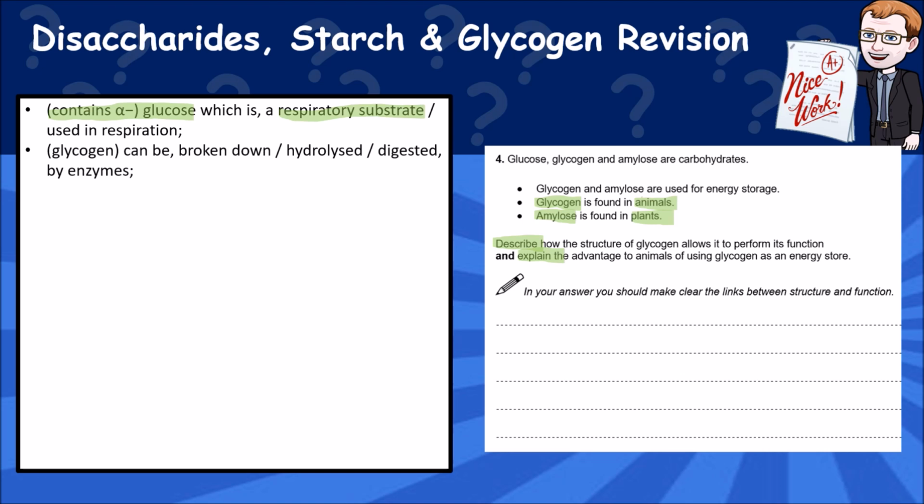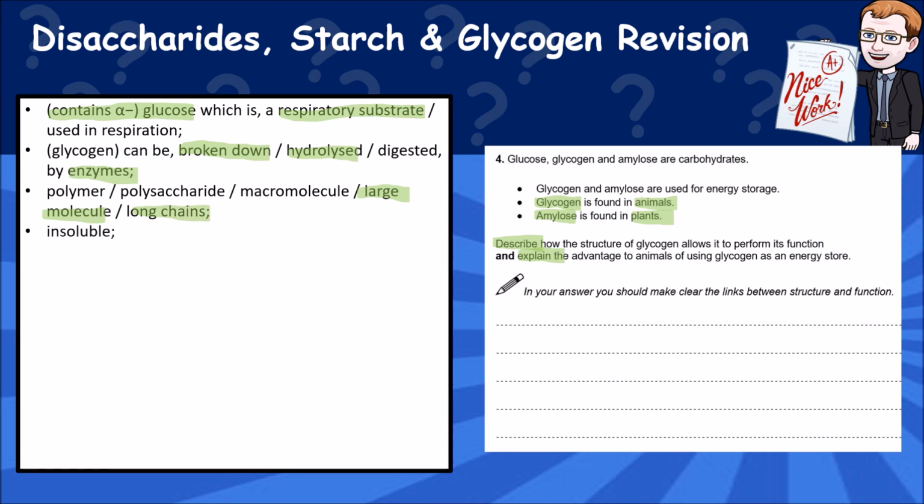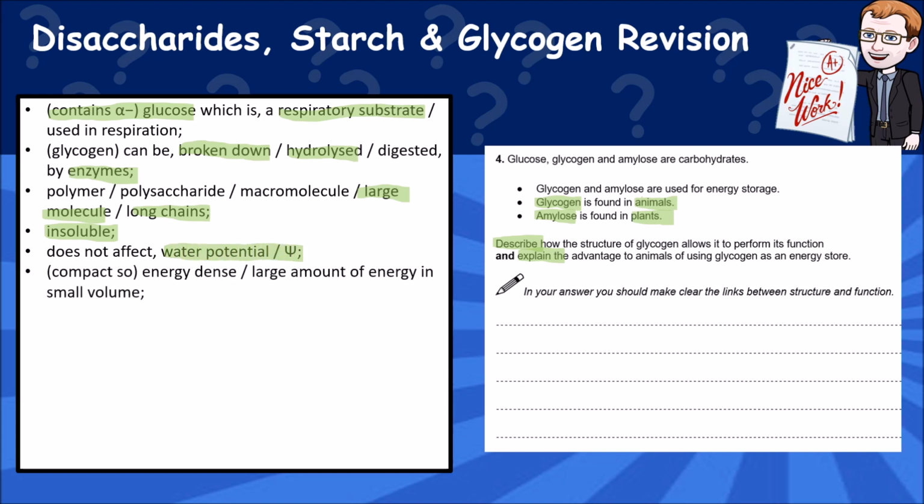You need to talk about the fact that it can be broken down easily or hydrolyzed by enzymes. You could talk about the fact that it's a large molecule that has lots of long chains. Quite importantly, it's insoluble, so that's why it can be stored. So it does not affect the water potential of the blood, for instance. It's relatively compact, so it's dense, so it can store a large amount of energy in a relatively small volume.